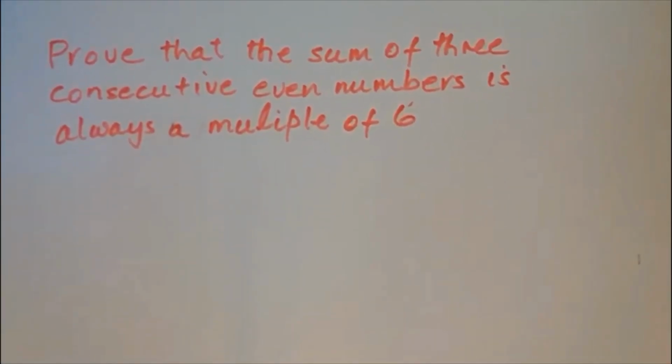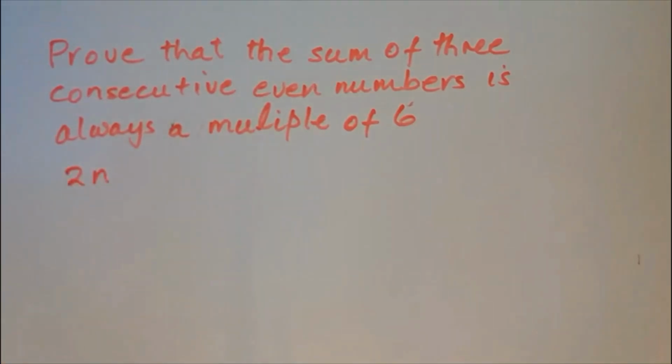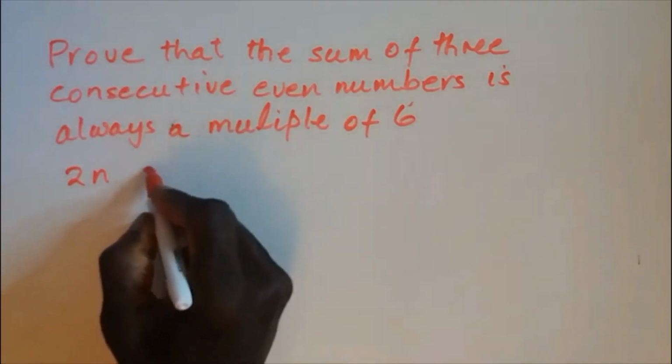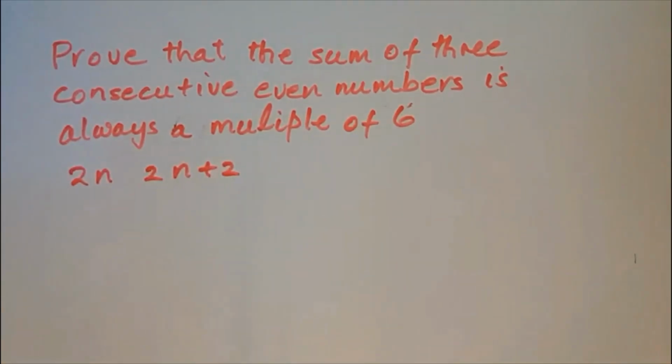Here we have to prove that the sum of three consecutive even numbers is always a multiple of 6. Well, we start with the first even number, it's 2n. The next will be 2n add 2. You can check this, substituting any positive value for n in any one of these expressions.